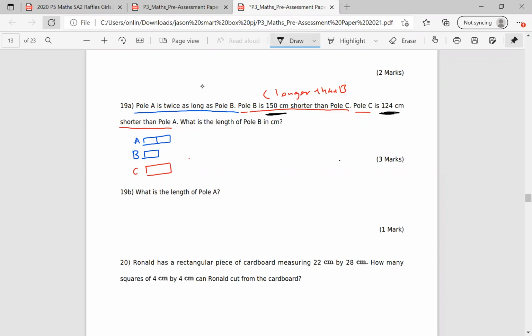We need to find the number equals how many units in order to start, and then we can find 1 unit and solve the question. So they say B is 150 shorter than C. In other words, here should be my 150. And then they say C is 124 shorter than A. So here to here should be my 124.